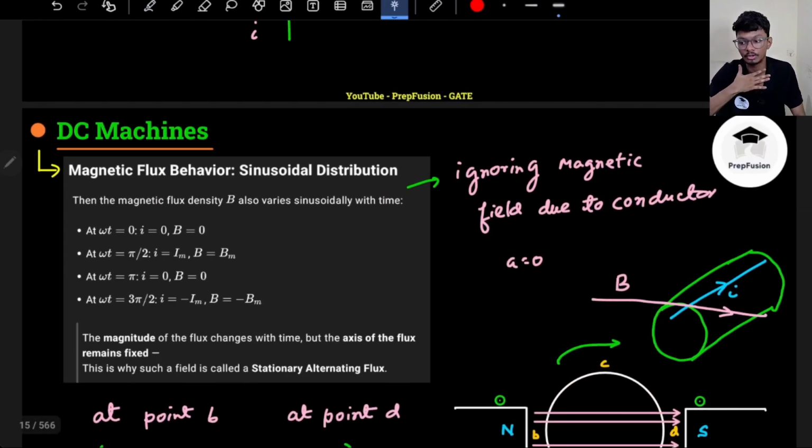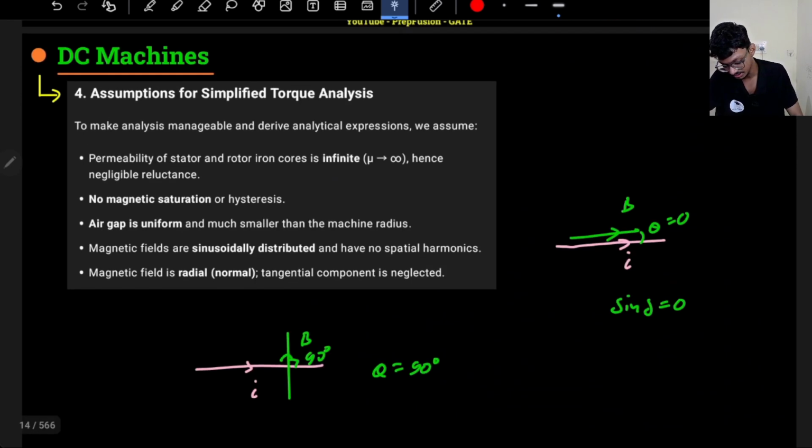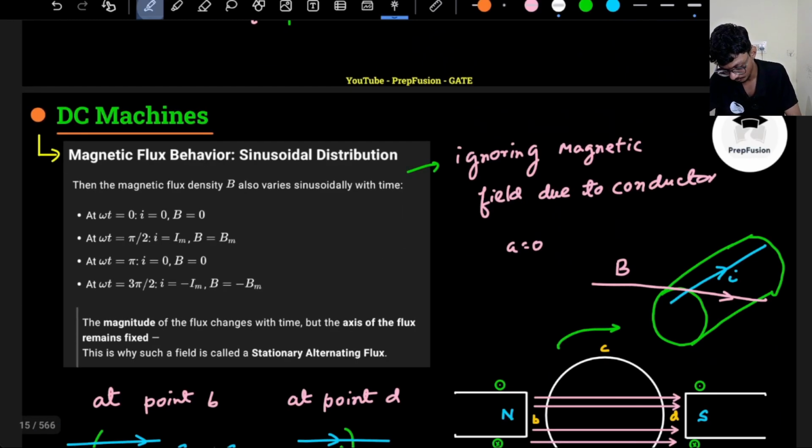This time I am rotating the armature because currently the conductor does not have any current. So I forgot to mention this. So here, right, I am rotating the armature.